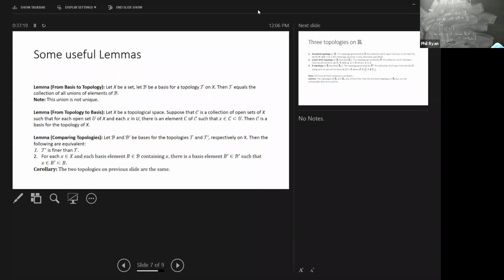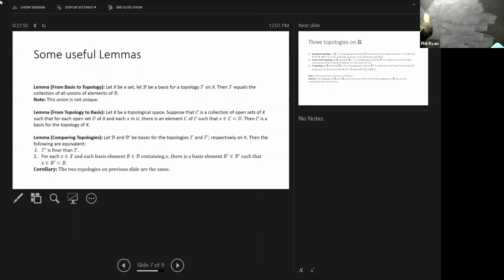So let's actually show that. We want to show that C is a basis.